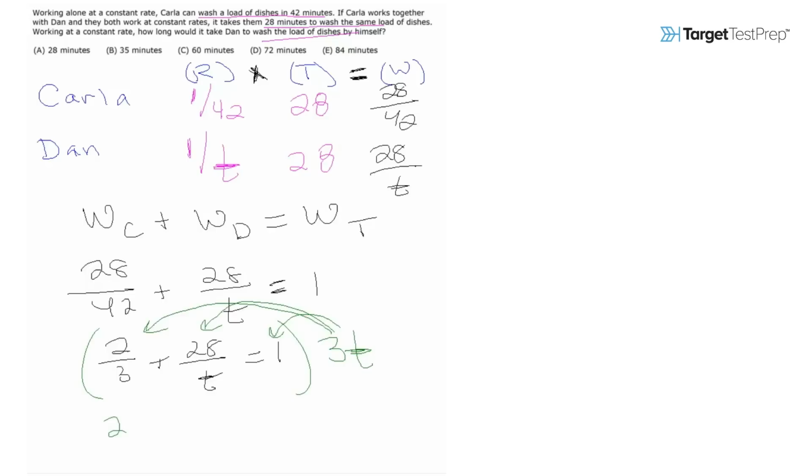We get 2t plus 84 is equal to 3t, and t is equal to 84 minutes. And because we let t be Dan's time, we can see very easily that it would take Dan 84 minutes to do this job by himself.